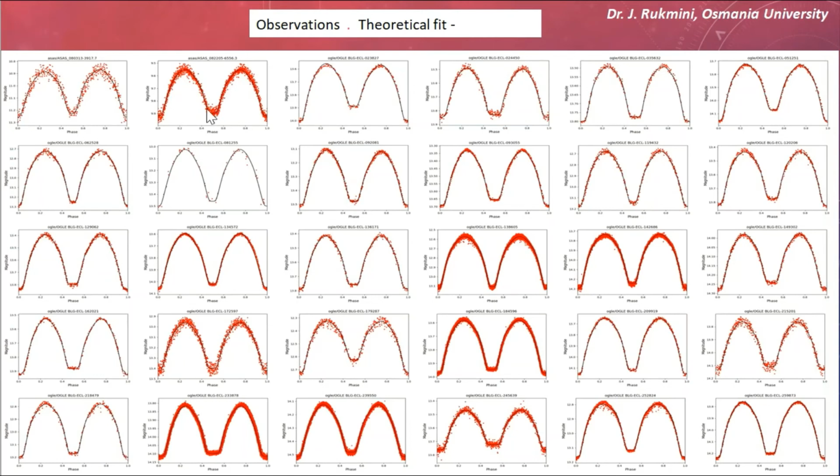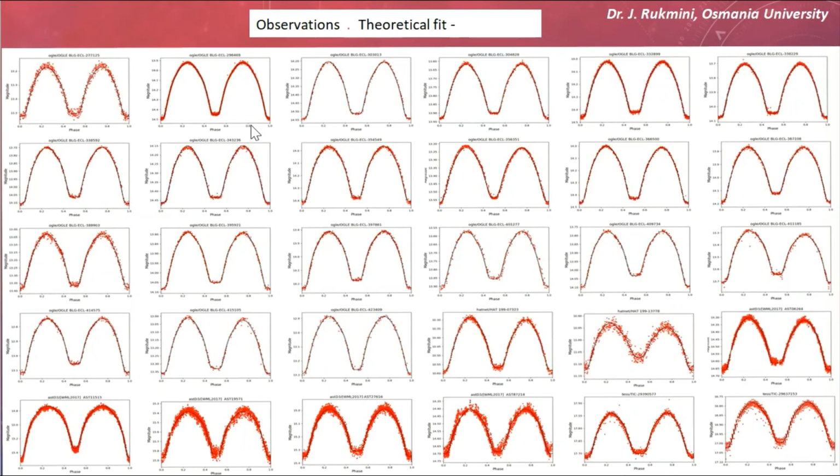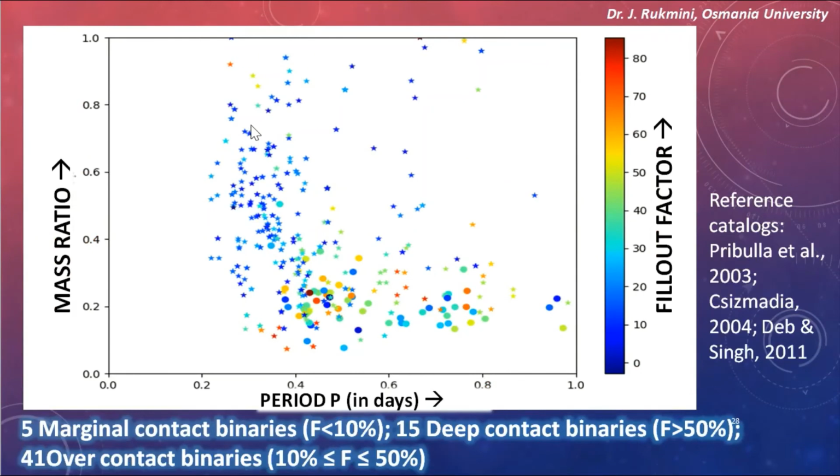This is a large scatter here, but still minimum compared to the amplitude of the variation in the light curve. These are another set of light curves. Now let us see some of the characteristics of these binaries and try to understand the features of the systems.